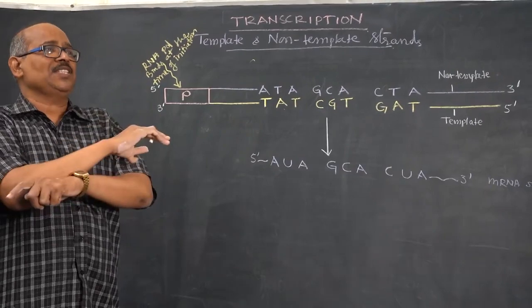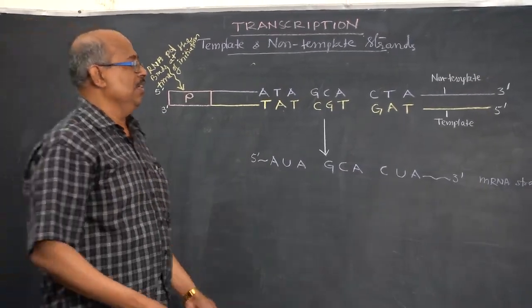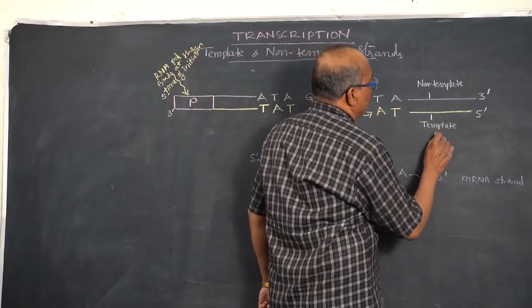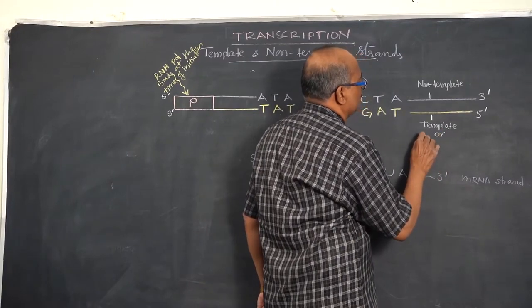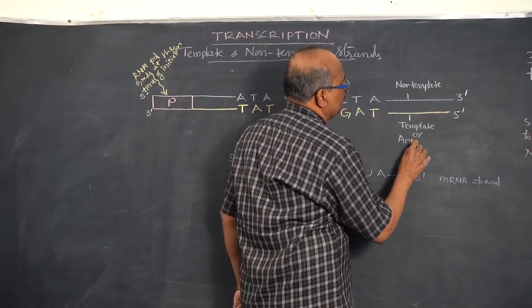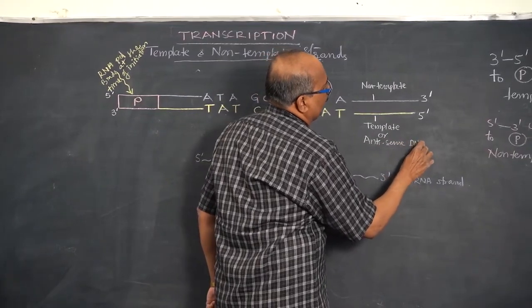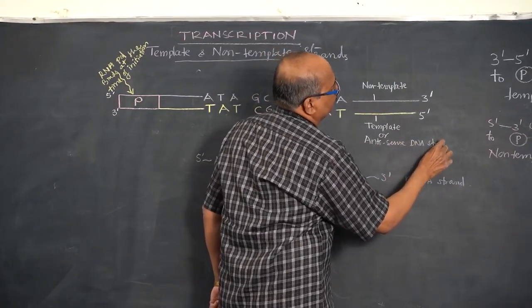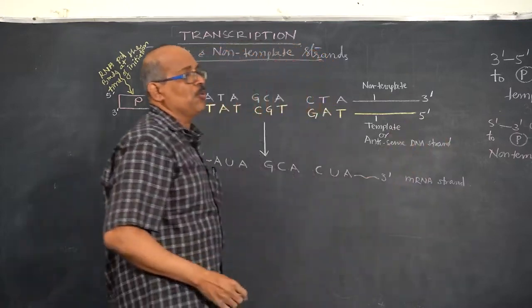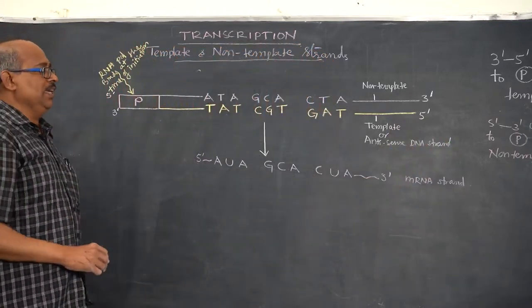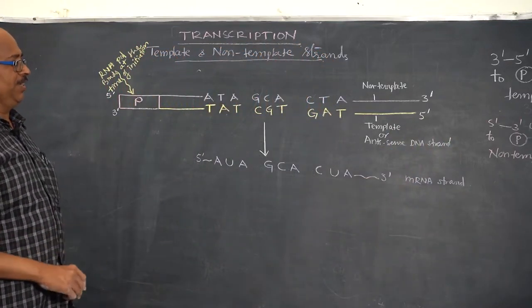Their orientations are reverse. That's why template strand is called antisense DNA strand. Its sense is opposite to that of the RNA.